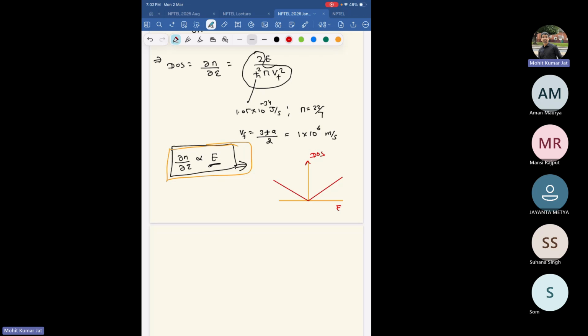This density of state will increase, whereas for a system like the two-dimensional electron gas, which is not like graphene and has parabolic dispersion, the density of state will be constant.